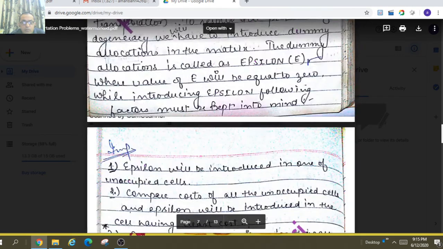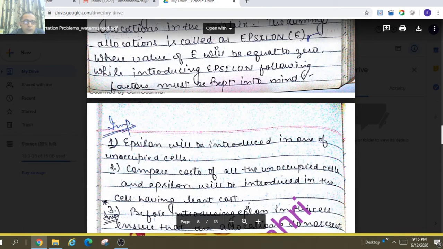The first: epsilon will be introduced in one of the unoccupied cells, not in a dummy row or dummy column where the allocation is not made. Second, compare the cost of all the unoccupied cells, and epsilon will be introduced in the cell having the least cost.